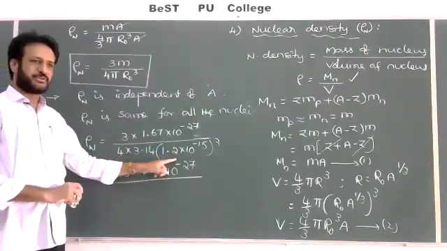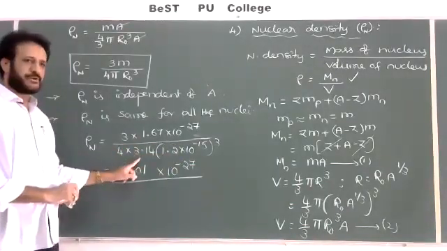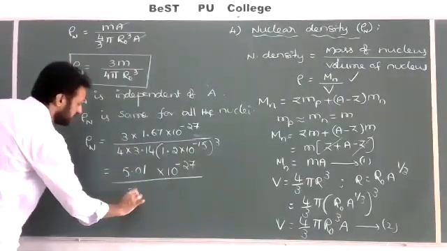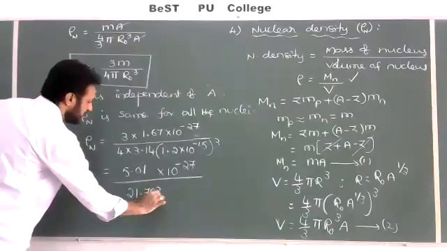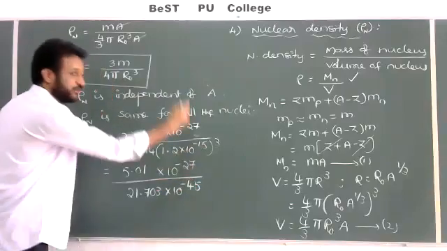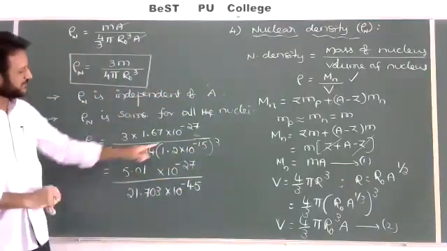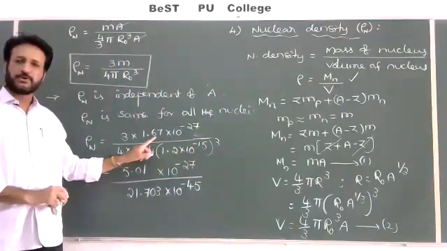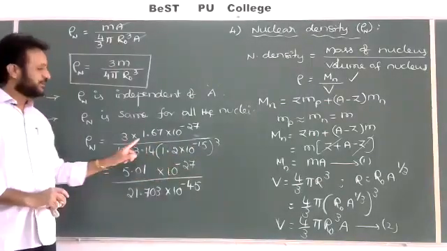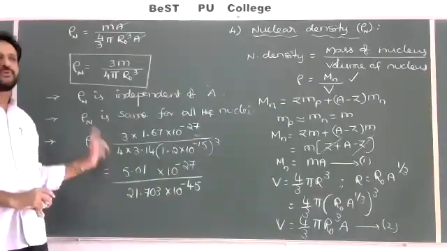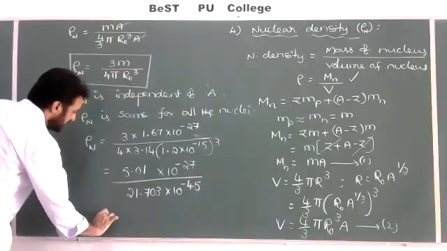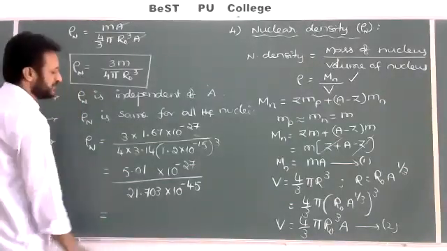That gives 21.703 into 10 power minus 45. The 15 cube is there, so 3 times you have to multiply. Now divide this value, 5.01 by 21.703.